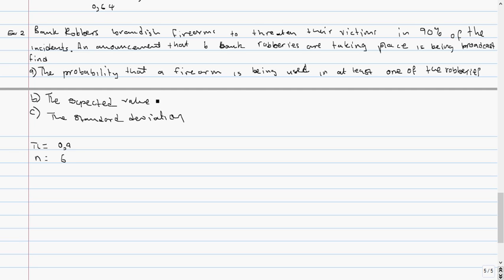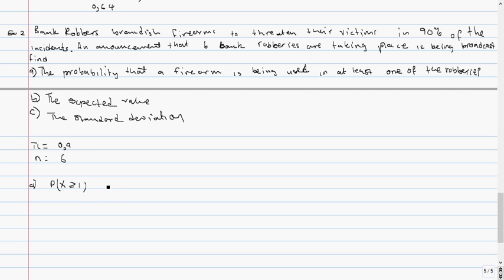The probability that a firearm is being used in at least one of the robberies. So for A, the probability that at least a firearm is being used, so P(x) is greater or equal to 1. Using at least a firearm, that is 1.